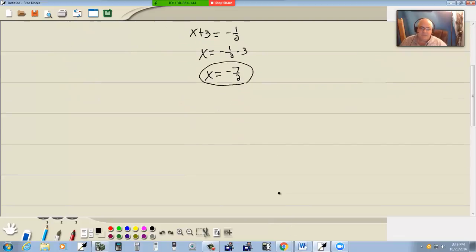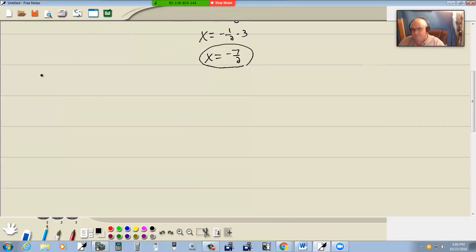Now sometimes you have to focus on both sides. For example, 16 to the x plus 1 is equal to 8 to the x minus 2. Well, if I start with my larger number, the 16, there's no way I can rewrite it as 8 to a power. So what we do is we'll look at both sides. And I see I can rewrite 16 as 2 to the 4th. And I can rewrite 8 as 2 to the 3rd.